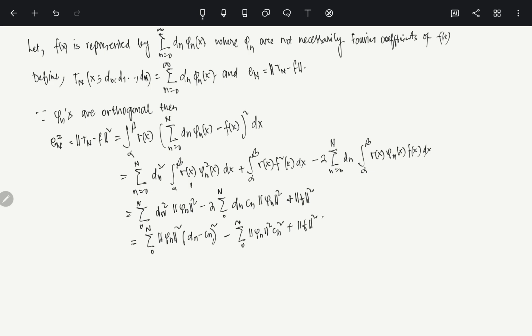I hope everything is fine. Let me just check once. Yes, this is fine, 2 times this and plus f square.